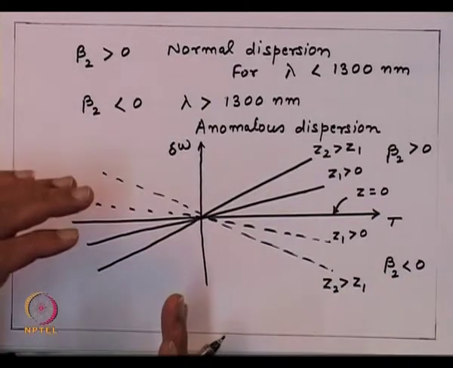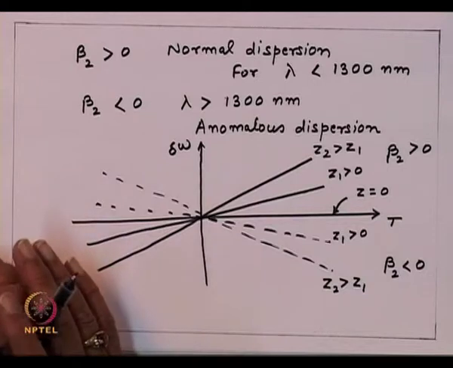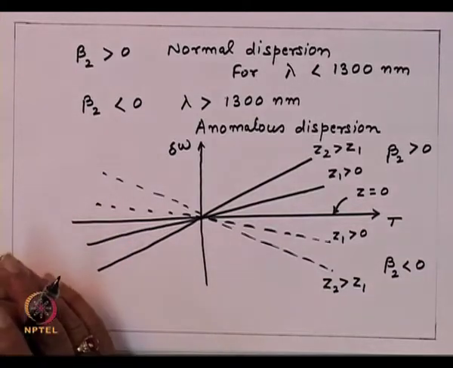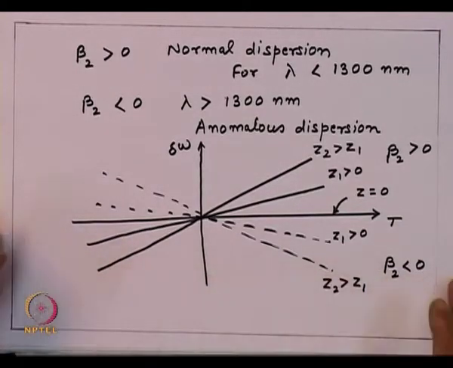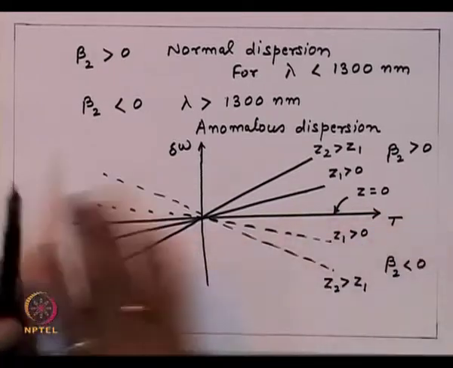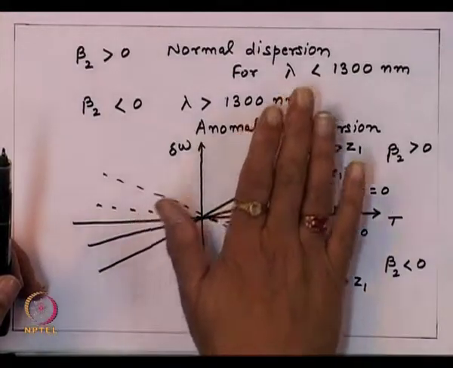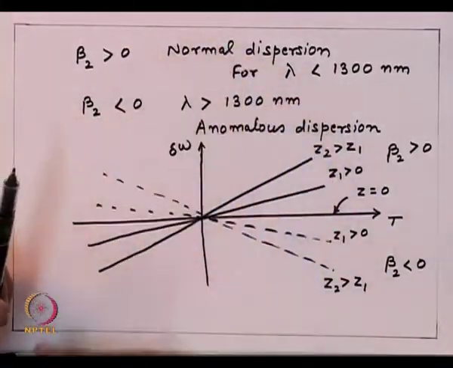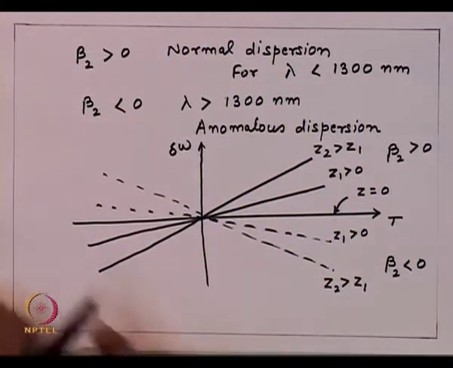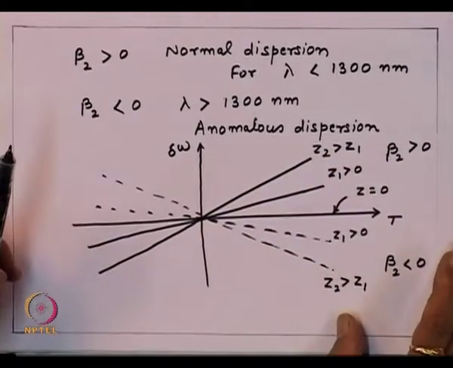So, you see two different types of chirps inside the optical fiber pulse, depending upon what wavelength we are using. If we are below 1300 nanometer, where the dispersion is normal, we see the positive chirp of frequency.